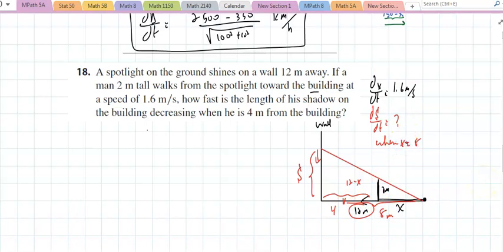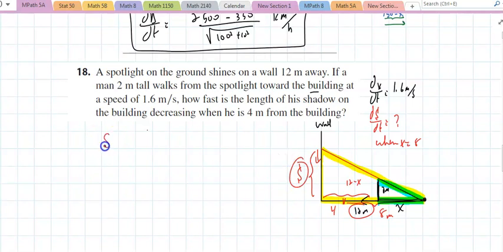Now, what's the tough part here? I need an equation to combine those. This is one triangle, and this is a similar triangle. So, I could say the entire side, which is 12, well, maybe backwards would be better.